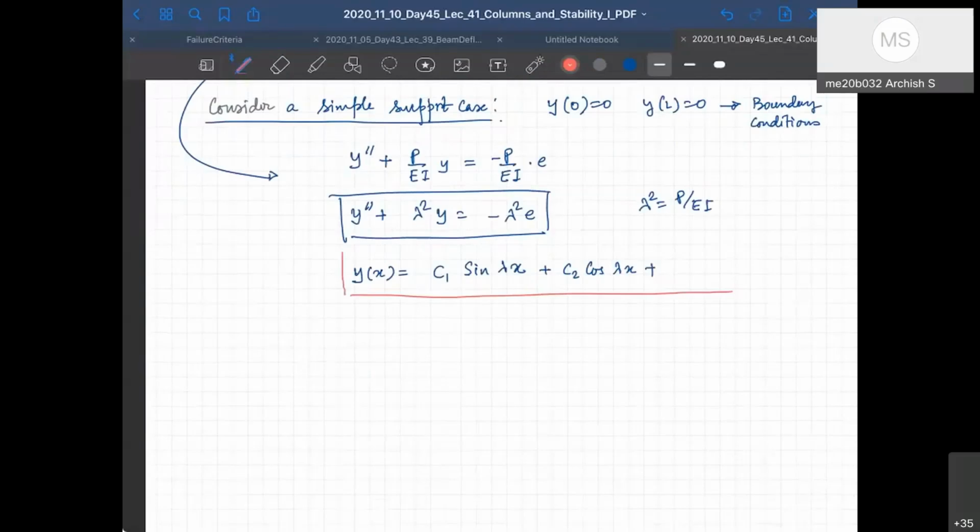What will be that constant? Minus e. Very good. We will assume that the time-dependent part is not there because we are looking at a steady state solution. There is no dynamics, there is no motion in it. Therefore y is going to be, lambda cancels, minus e or plus e, whatever you want to consider.